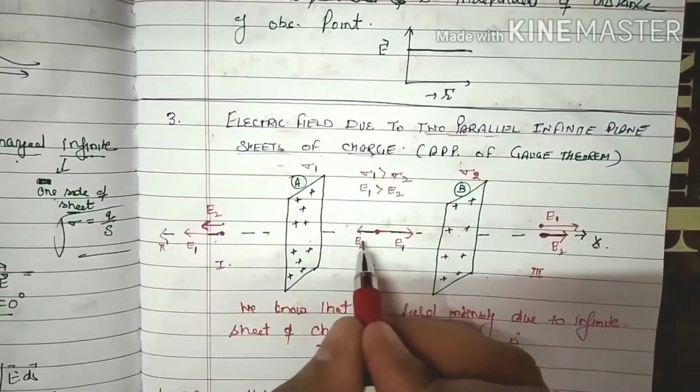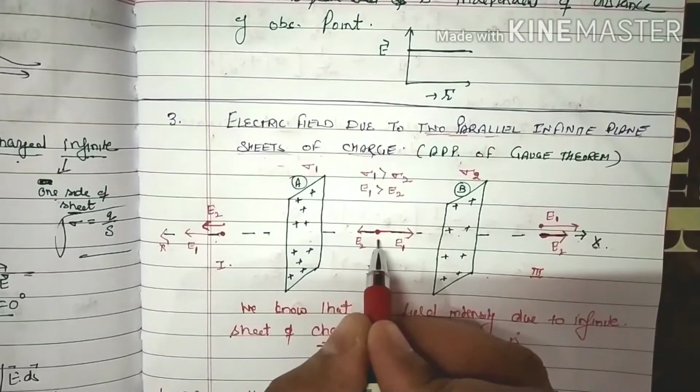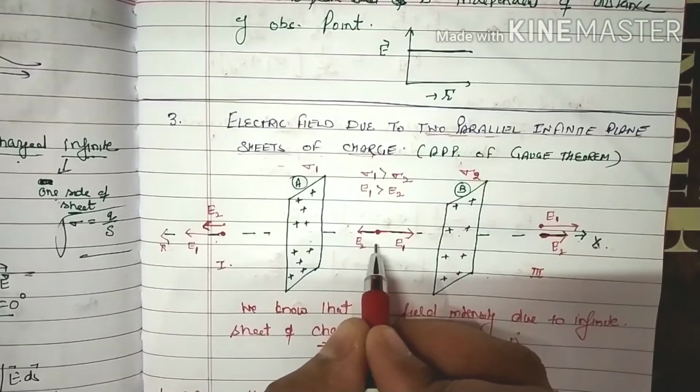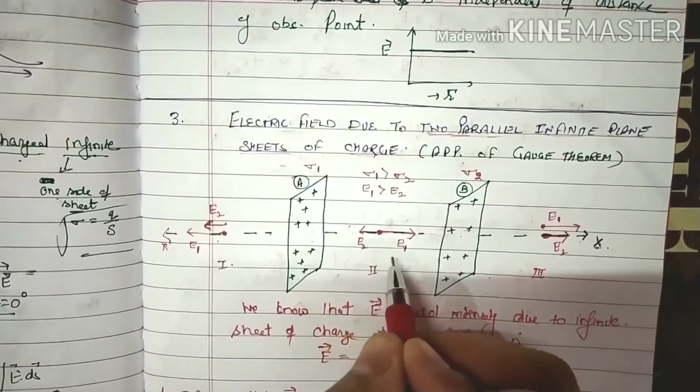So in this second region, the electric field is equal to sigma upon epsilon naught.